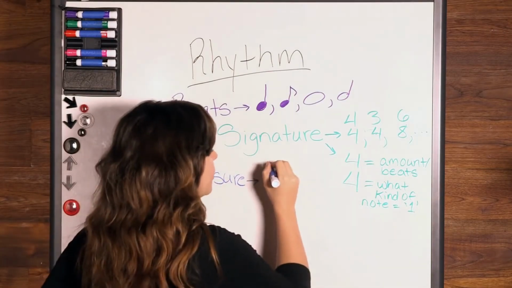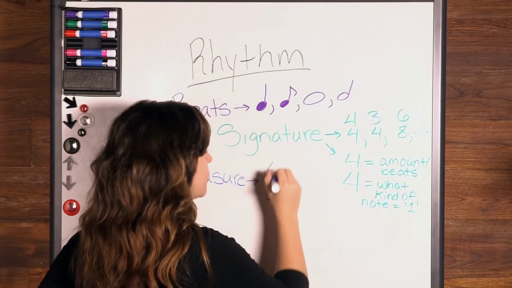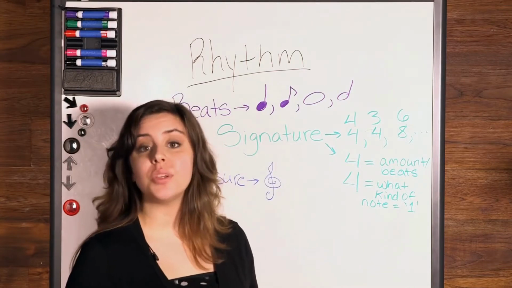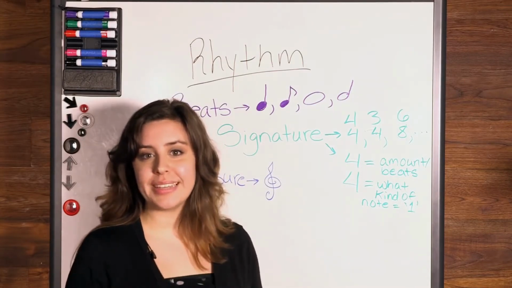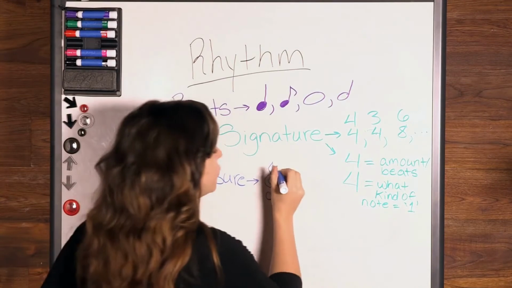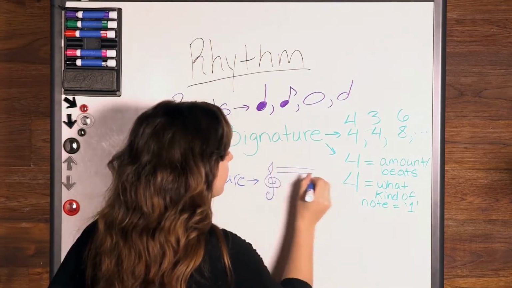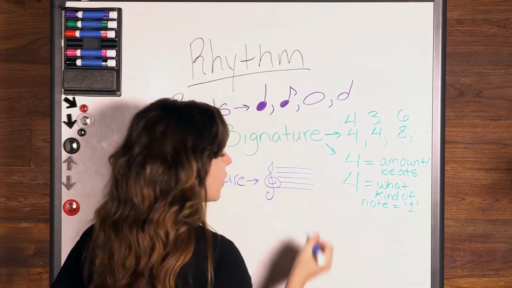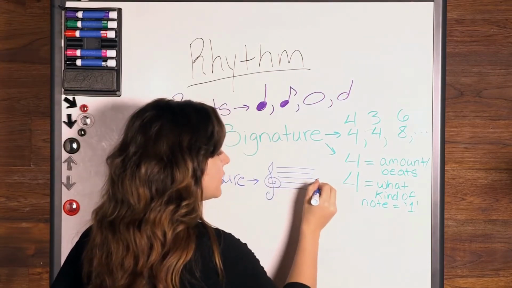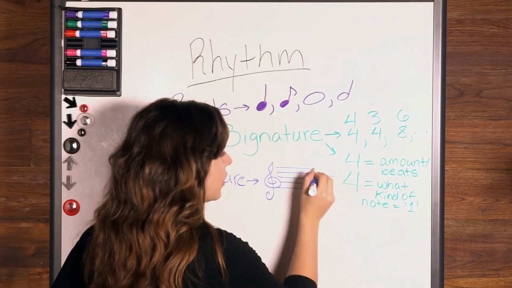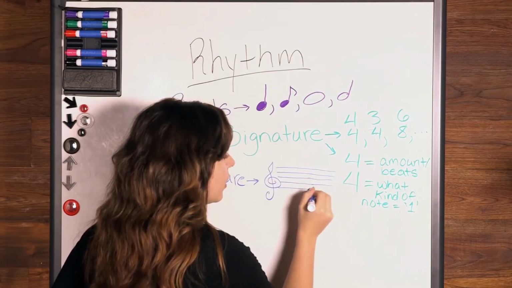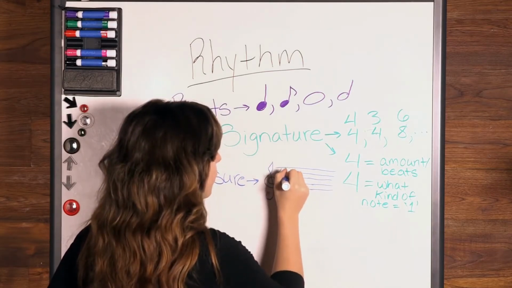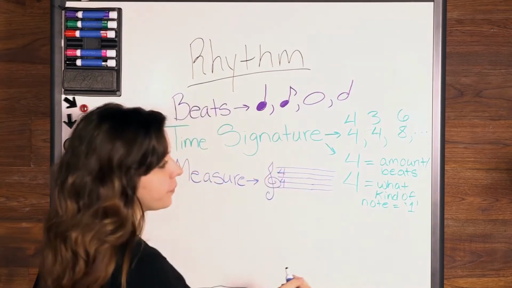So if you have your little staff here, let's just draw a treble clef. And again, if you don't know what a treble clef is, you can check my other music theory lesson. And you've got your little staff here. I'll draw the lines a little bit longer. So you'll have your time signature here, let's say 4/4, okay?